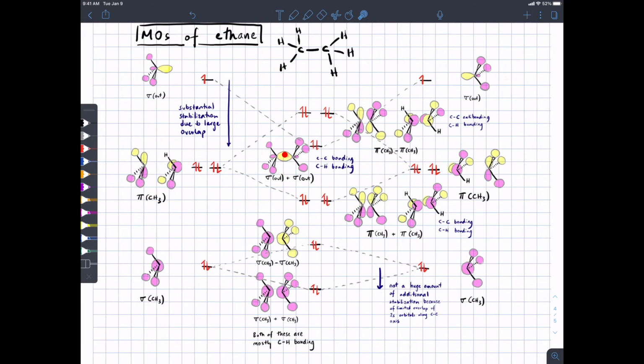And then we have one, the sigma out plus sigma out, that's mostly carbon-carbon. So, as I said, the conclusions of valence bond theory are mathematically identical to those of molecular orbital theory if you do the math right. So the idea that you've got one carbon-carbon bond and six carbon-hydrogen bonds checks out okay, even with our MO picture.